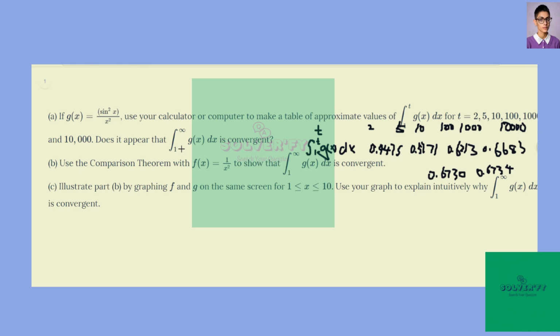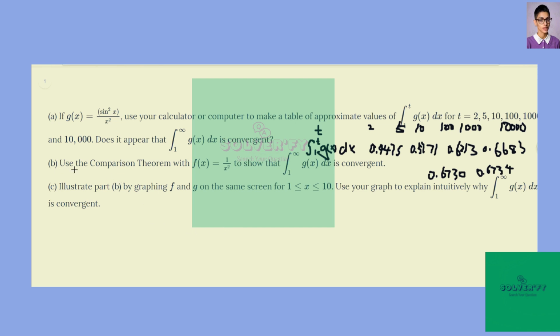It appears that the integral of g of x from 1 to infinity dx is convergent, since we can see the value is very small. It's always smaller than 1.